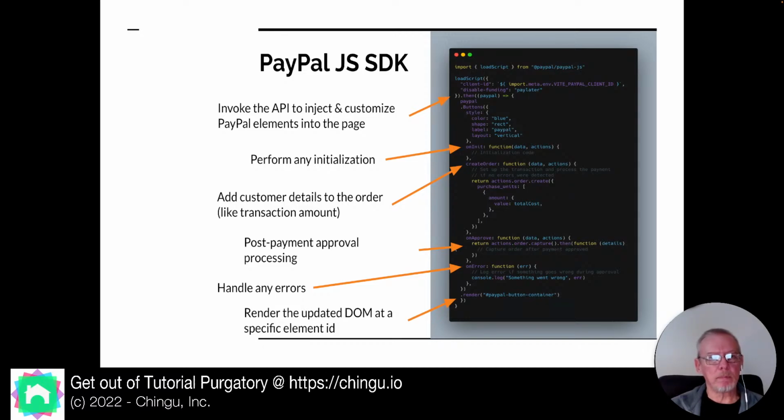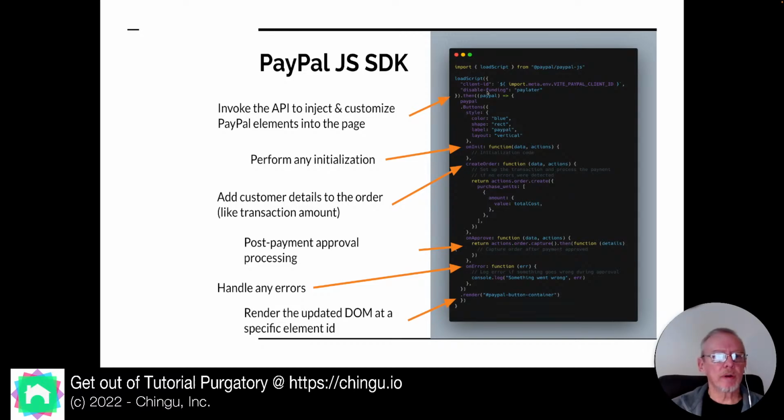And this is a JavaScript discussion. So everything we talk about here is going to be in terms of JavaScript. But you will have to do an npm install of this library to get it into your application. And then once it's there, to invoke it, you'll execute a load script command from that library.